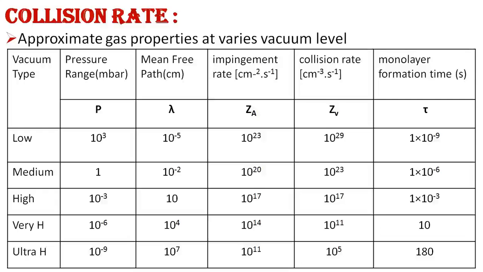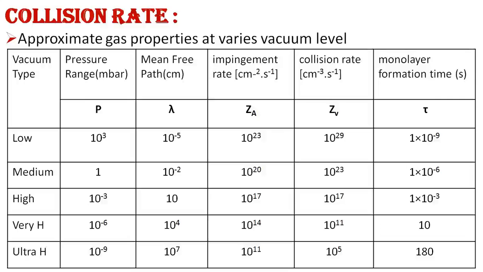So when the vacuum type is low, pressure is 10 raised to 3, mean free path is 10 raised to minus 5, impingement rate is 10 raised to 23, and collision rate is 10 raised to 23, and monolayer formation time is 1 nanosecond. So only the mean free path is at its minimum in a low vacuum.